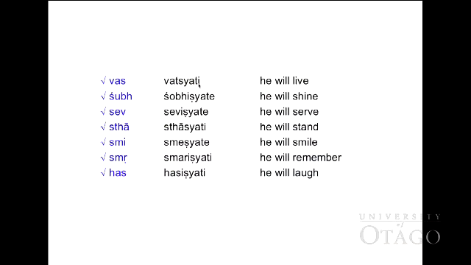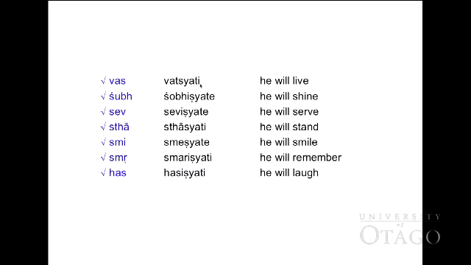There are 3 kinds of future you have to study. And also when you study this, it shows you the verbs that end in ti in active and te in middle.